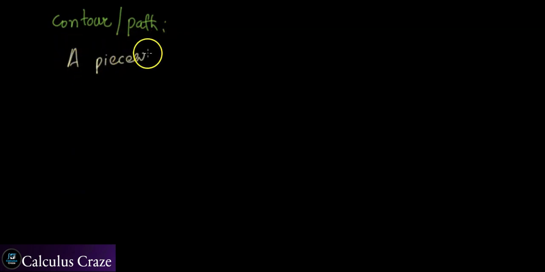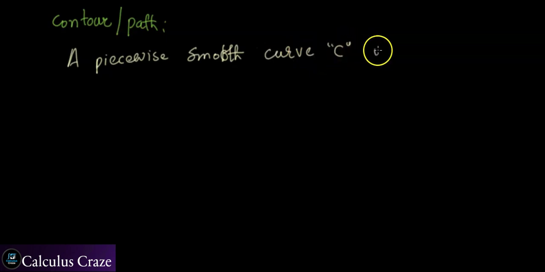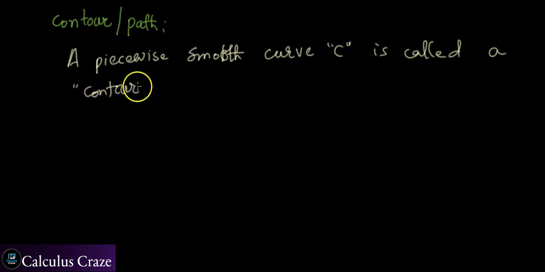Let me define what we mean by a contour or path. A piecewise smooth curve C is called a contour or path.